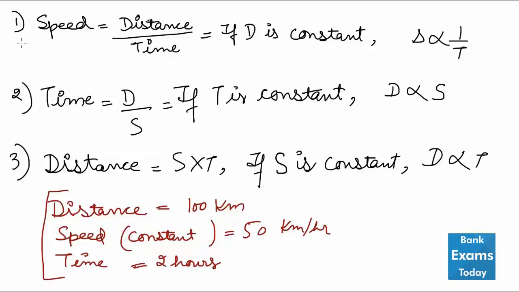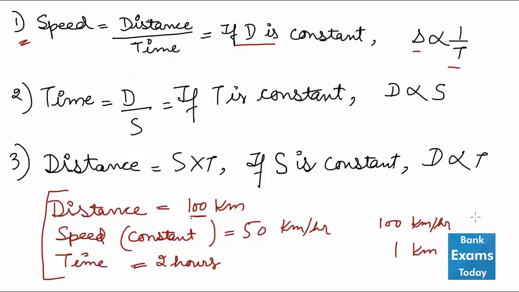So let's come to the first derivation. If the distance is constant, the speed is inversely proportionate to the time. So if the distance is 100 kilometers, and let's assume that the speed increases to 100 kilometers per hour, then obviously the distance can be covered in 1 hour.